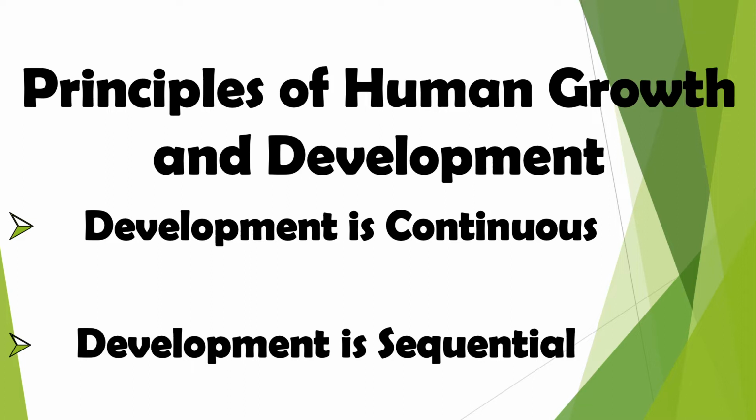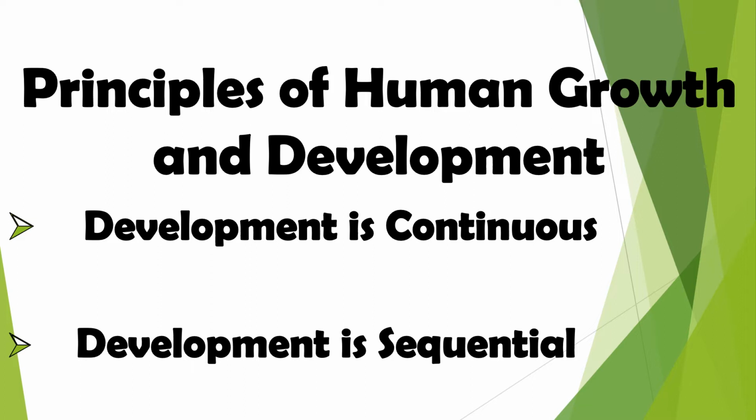There are important principles of human growth and development. Development is continuous. When we say development is continuous, the process of growth and development continues from the conception till the individual reaches maturity. Development of both physical and mental traits continues gradually until these traits reach their maximum growth.